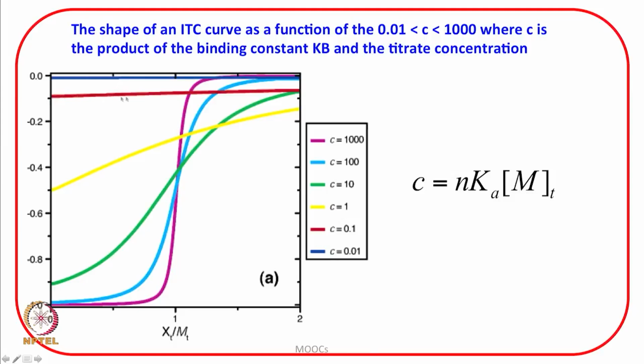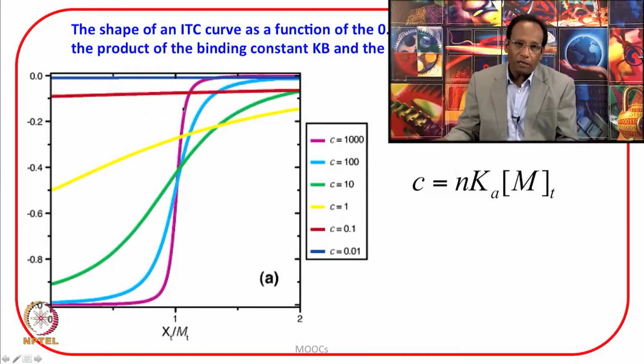Even when the C value is 0.1, it is also like a straight line and it does not give any information. For a C value of 1, some small curvature has started appearing, but still this is not sufficient to give an accurate estimation of all the thermodynamic quantities that we would like to derive from an ITC profile.